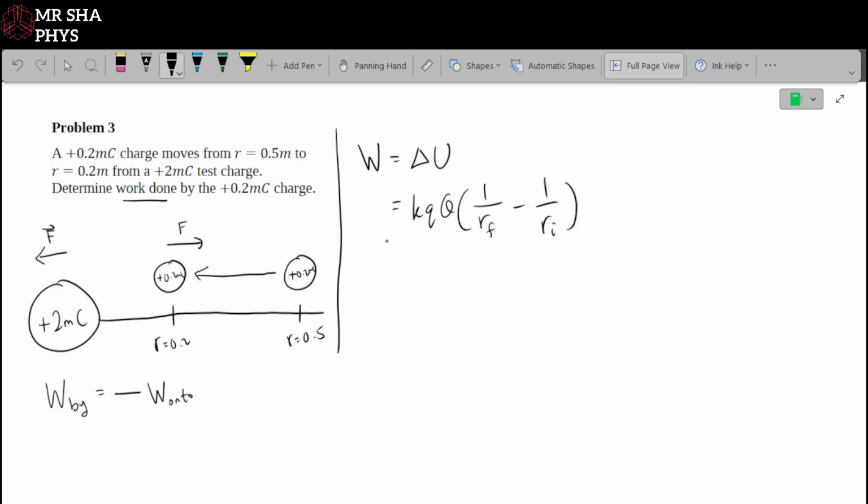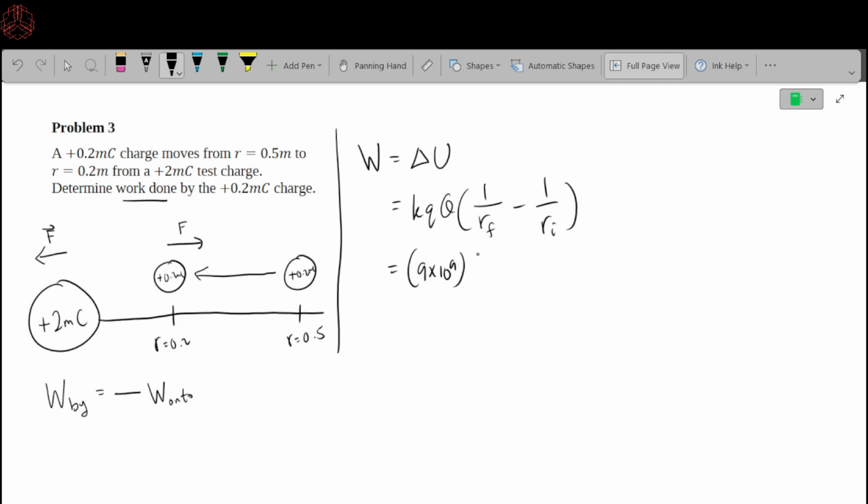Okay, so then what I can do is substitute the values. The values will be 9 times 10 to the power of 9.